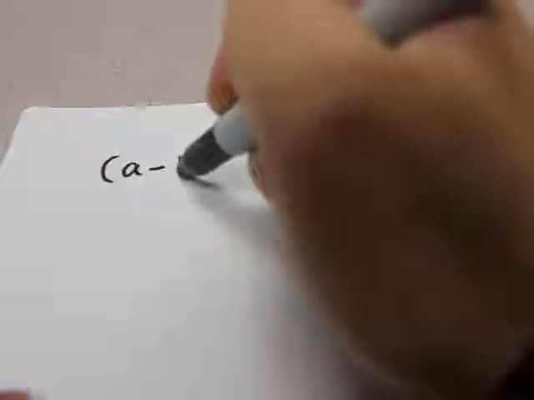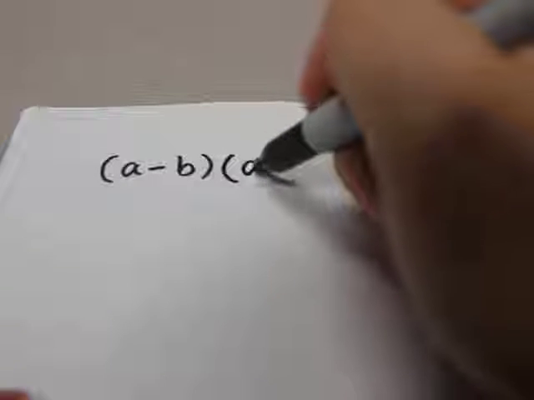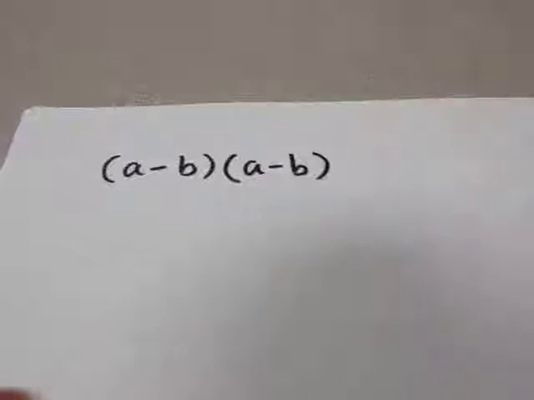Okay, now let me show you the third special product of binomial. Here we have a binomial a minus b, and we multiply it by itself.